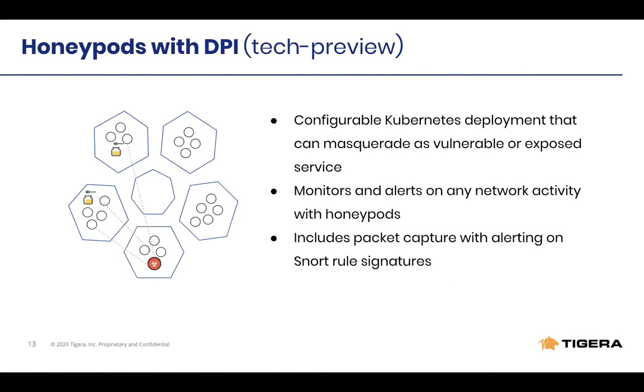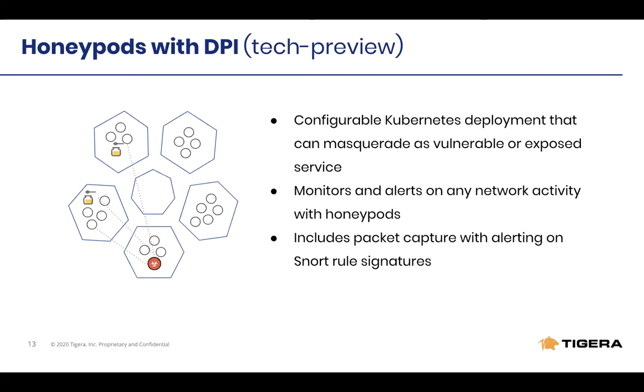And you have a lot of control in terms of how that gets deployed in your cluster, and what namespaces it's running in. But effectively, these things just exist within your cluster and monitor and alert on any network activity with the honeypod. So anything that's trying to access it presumably shouldn't be accessing it.